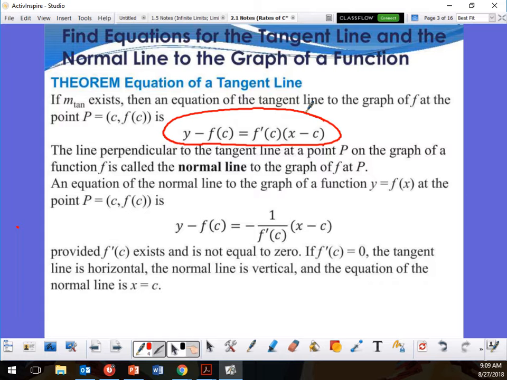Now, the one that's probably going to get you guys is this next one, the line perpendicular to the tangent. So we know tangent is touching the line at one point, right? That's the slope of the line. Now, if two things have perpendicular slopes, I know that their slopes are what? Opposite and reciprocal.